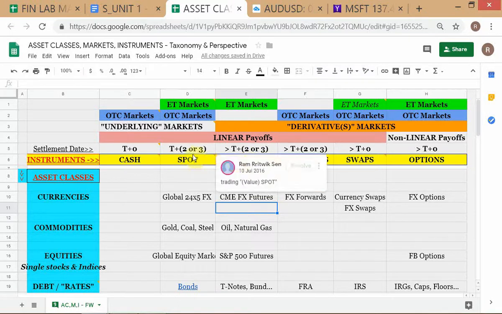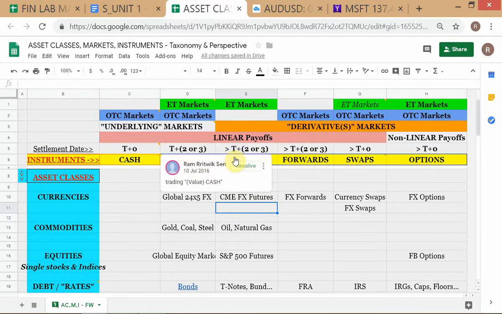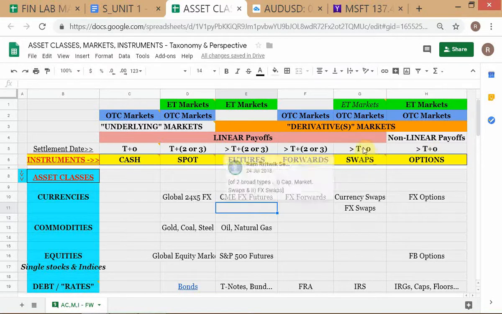That's why I've said greater. Are you able to follow this notation? Yes, sir. So the settlement date for futures and forwards is much greater than T+2 or 3, so it will be further out than spot. Similarly, these are given as just greater than T+0, but usually they are much longer, much further out.